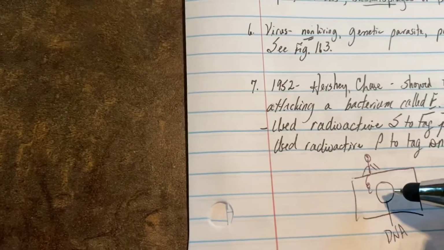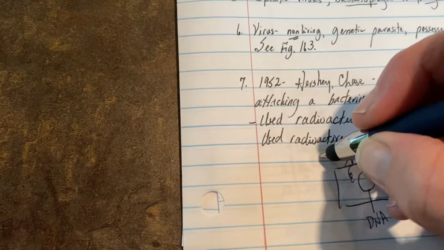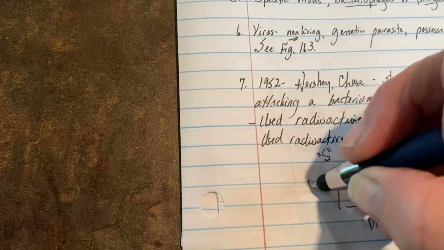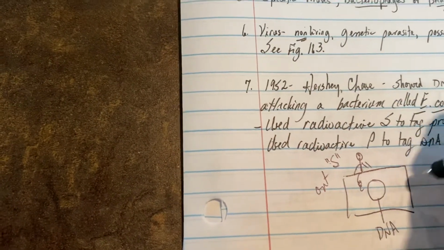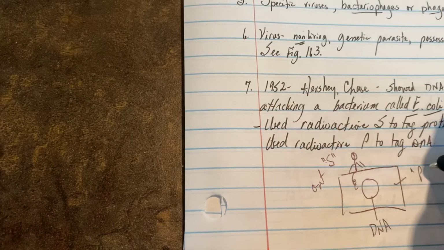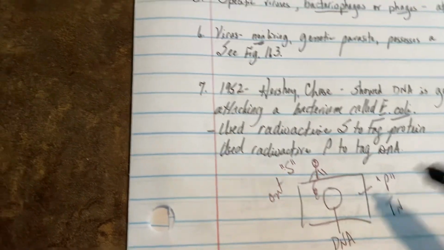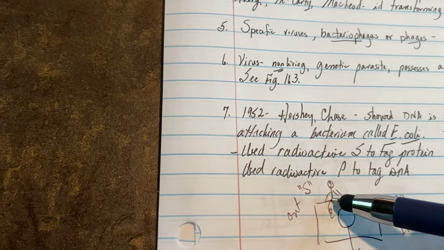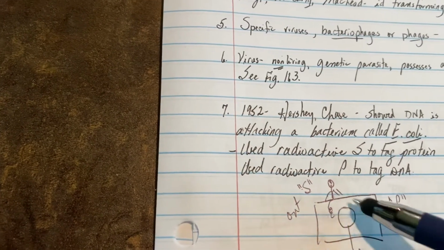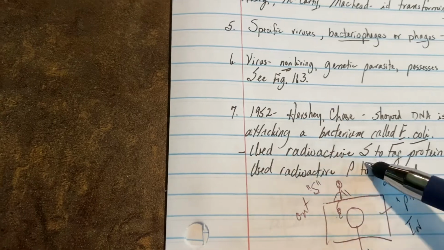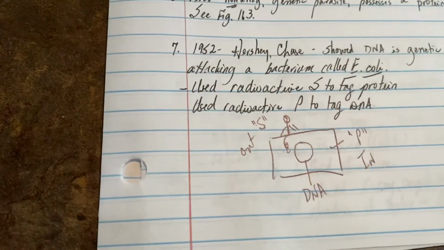Now, how did we know that? Because all the radioactive S was on the outside, all the radioactive P was on the inside, which meant that the DNA from the virus moved in and this protein coat stayed out. It was definitely a DNA material.